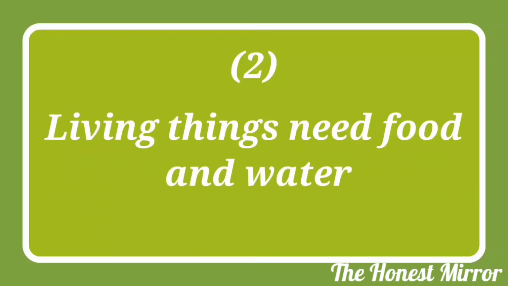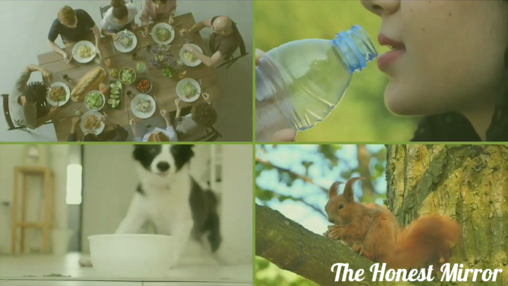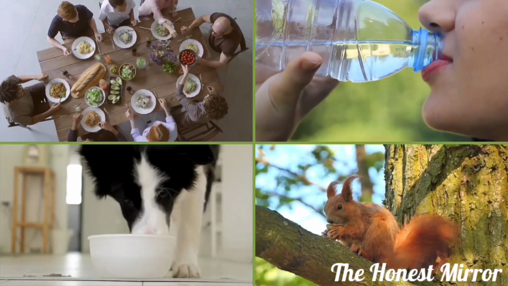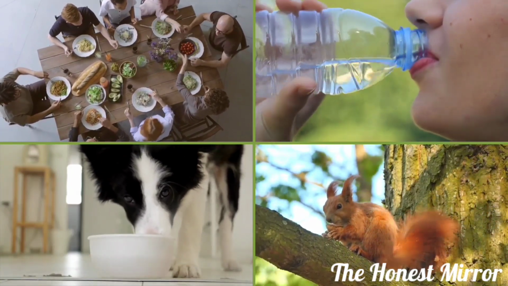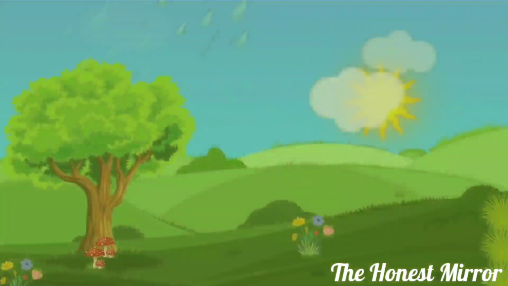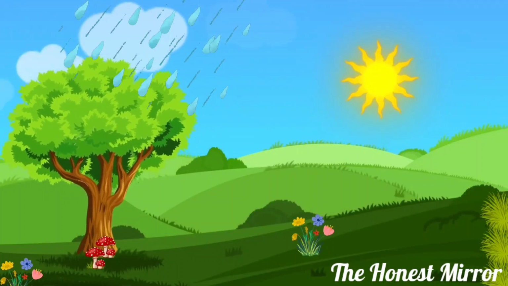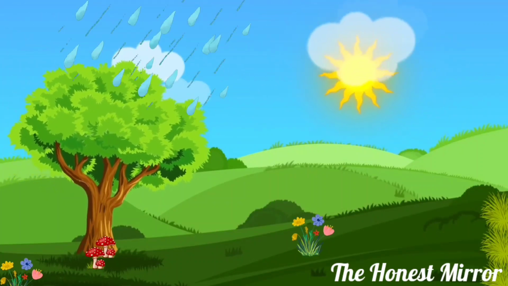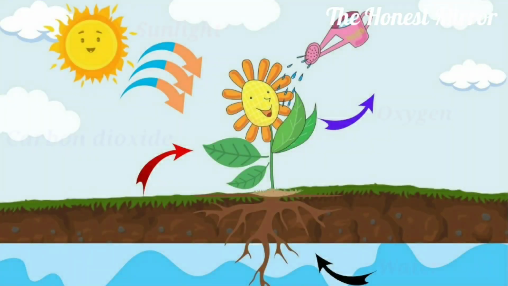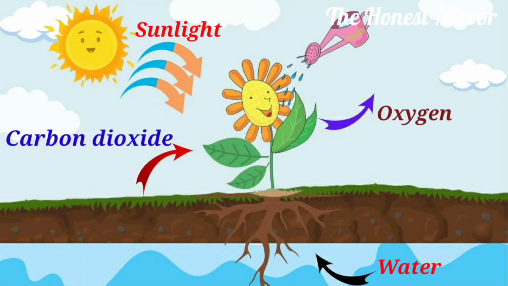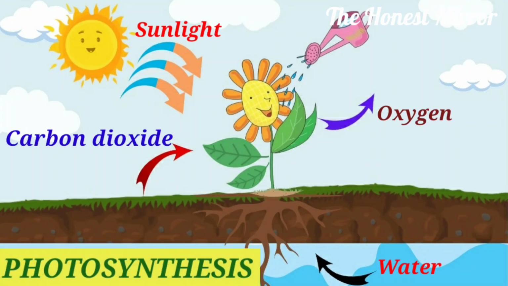Living things need food and water. Living things need food for energy and water to stay hydrated. Plants prepare their own food using air, water, and sunlight. They use sunlight to make their food through a process called photosynthesis.